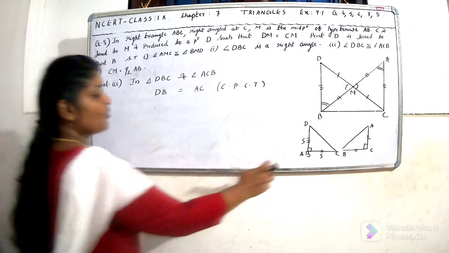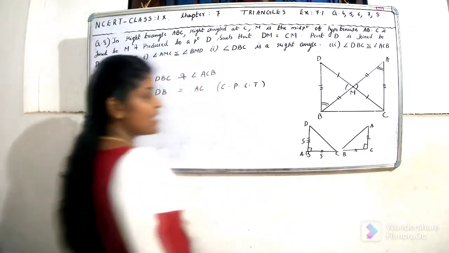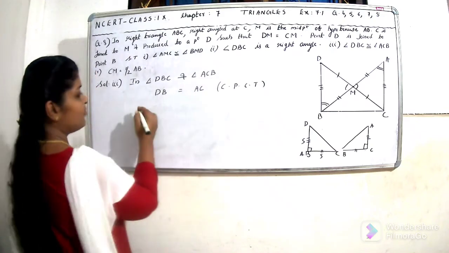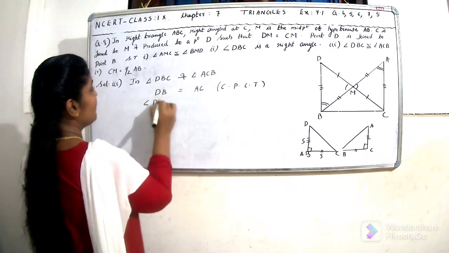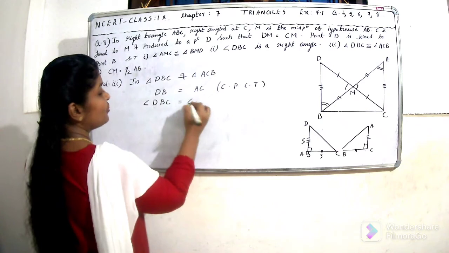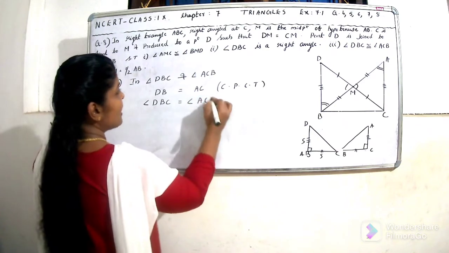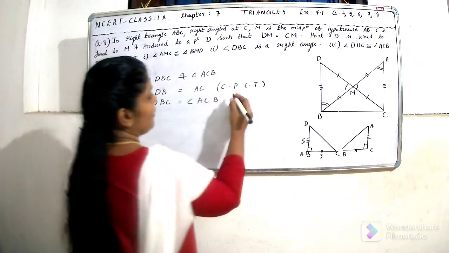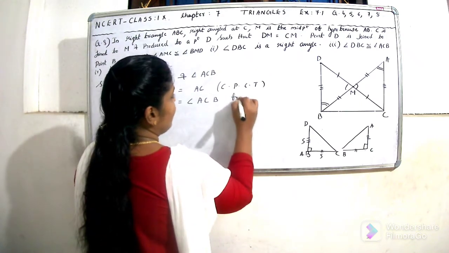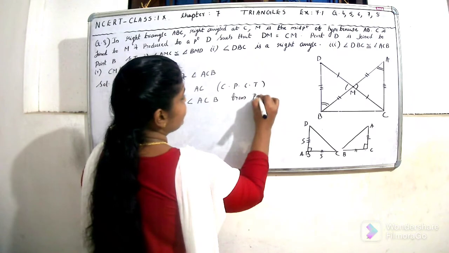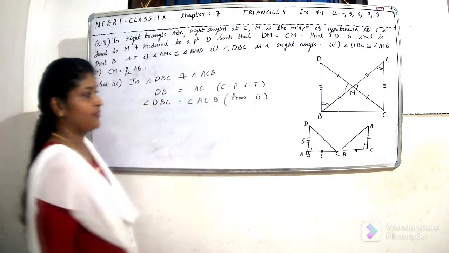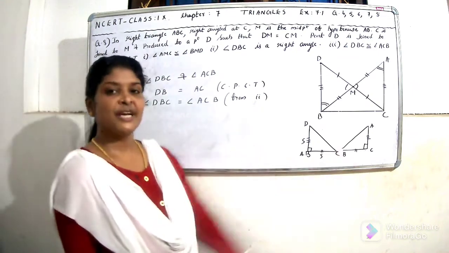Now angle B and angle C are equal, proved in part 2. So we will write angle DBC is equal to angle ACB, from 2, directly we will write from question number 2. Okay. Now BC, it is common.